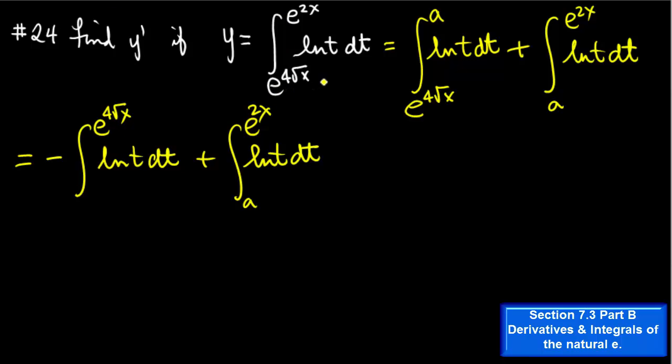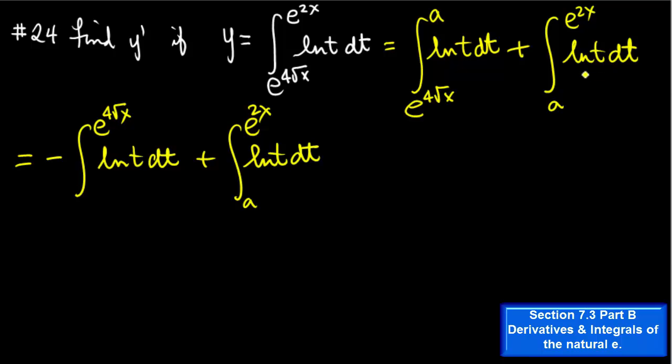So we break it up: we take the integral from e to the 4th root of x up to a of natural log of t dt plus, you see how you continue on, this means that a sits between these two limits of integration, so a to e to the 2x of natural log of t dt.